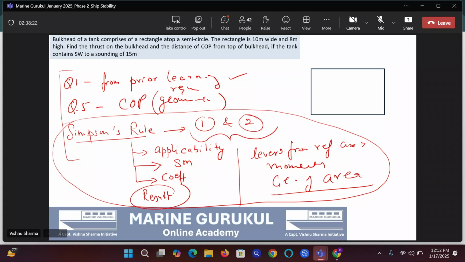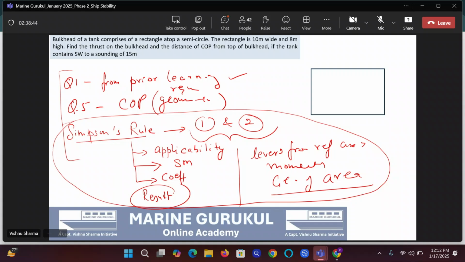One question, 15 to 20 minutes. Question number 5, 15 to 20 minutes. That means about 40 minutes go out here, and remaining about 50 minutes or 1 hour, you can run through your Simpson's rules because you have done them extensively in phase one.